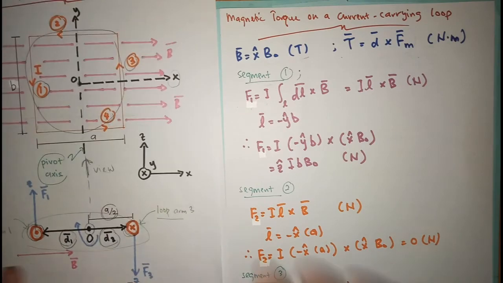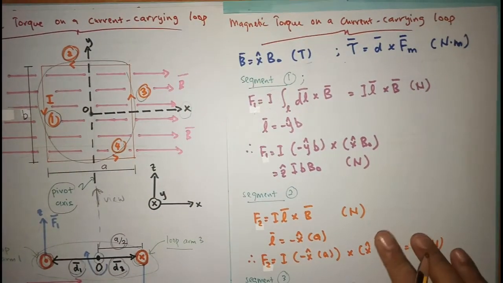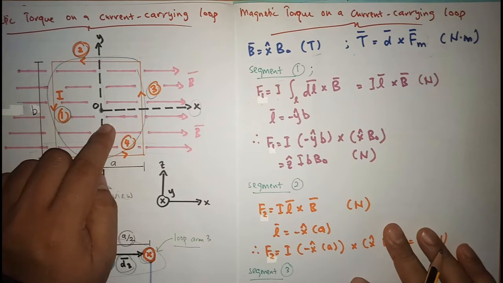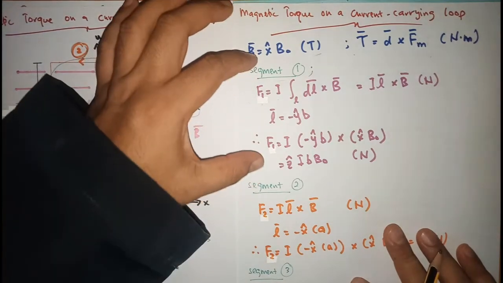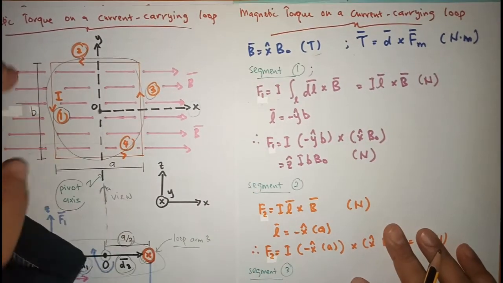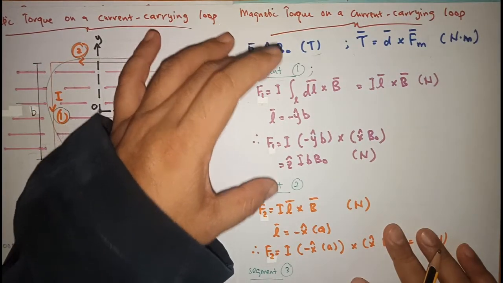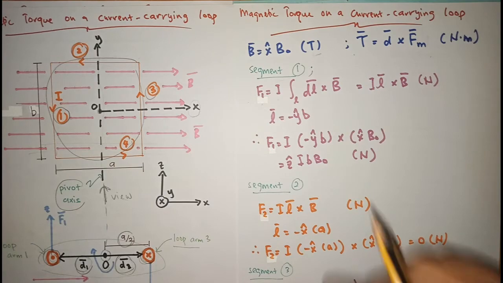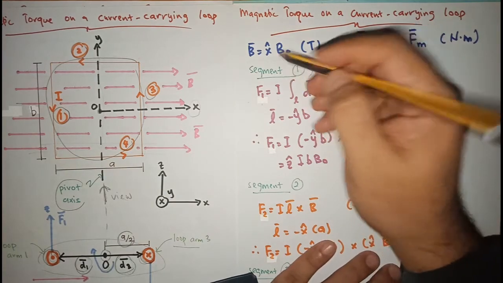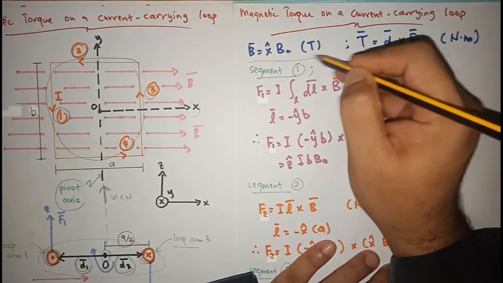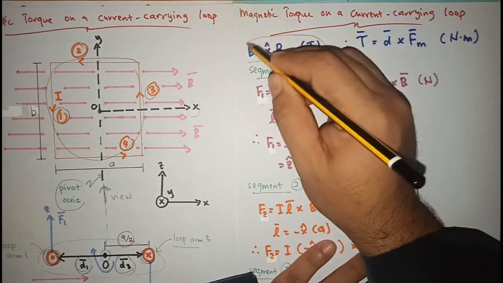As I explained just now, we can divide the loop into 4 different segments. Because of that, we will derive the force expression for each segment by referring to their segment. All right, so the general expression for the magnetic flux density is given by this expression.